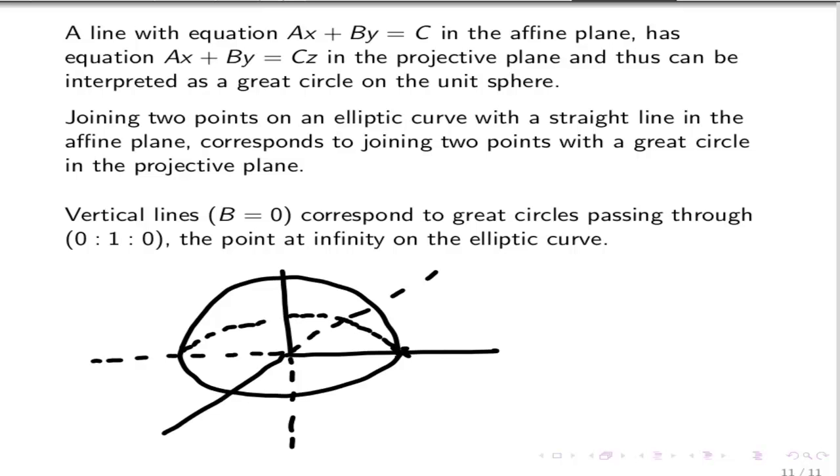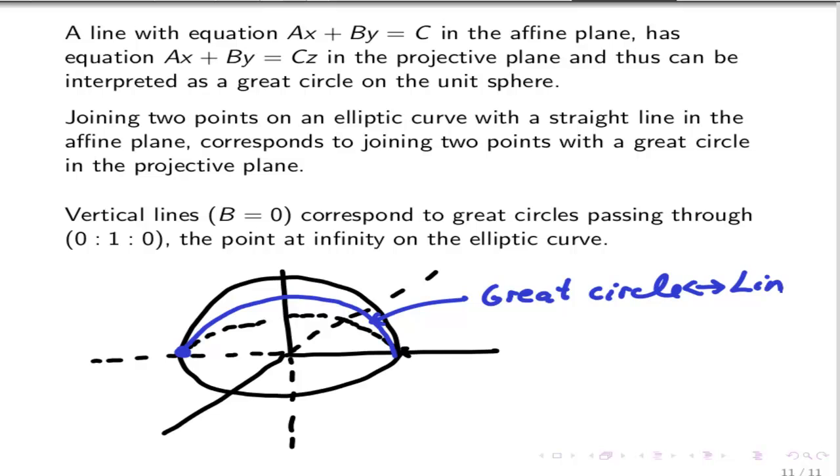If you have a plane passing through the origin and you intersect it with the upper hemisphere, what do you get? You get a great circle on the sphere, something like this. So a great circle is what a straight line is viewed as in this model of the projective plane.